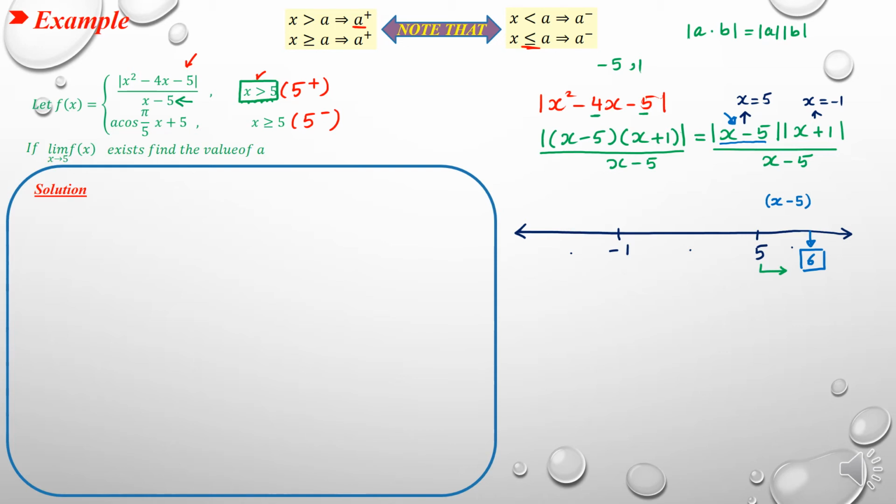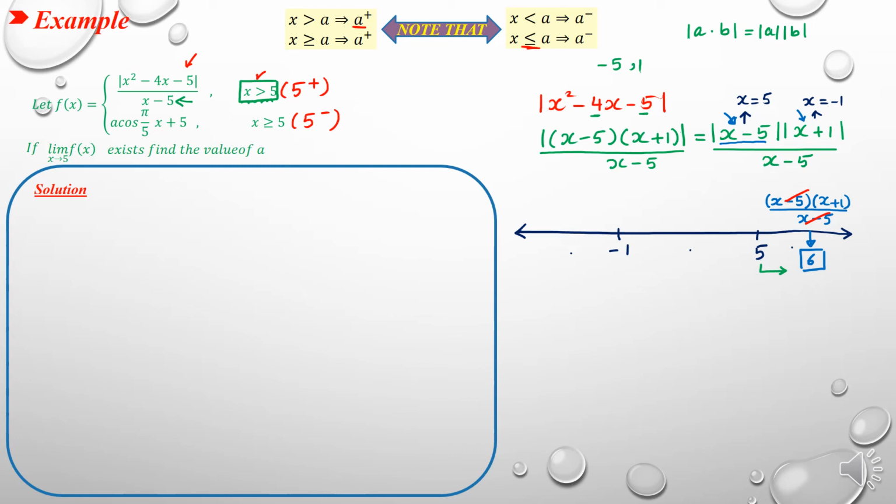Now you have to replace 6 again in the second absolute value function, and you'll get 6 plus 1 for the inside function, which is 7. So x plus 1 is positive in this interval, and no need for the absolute value. So we have (x plus 1)(x minus 5) divided by x minus 5. You can simplify this function by eliminating x minus 5 with x minus 5.